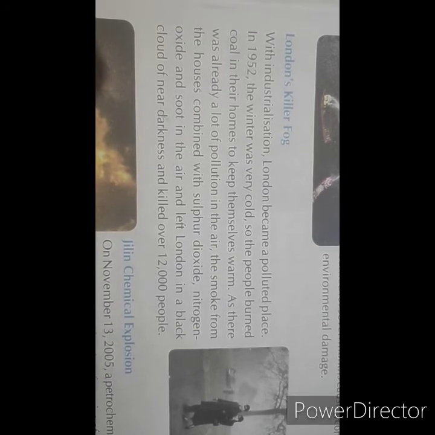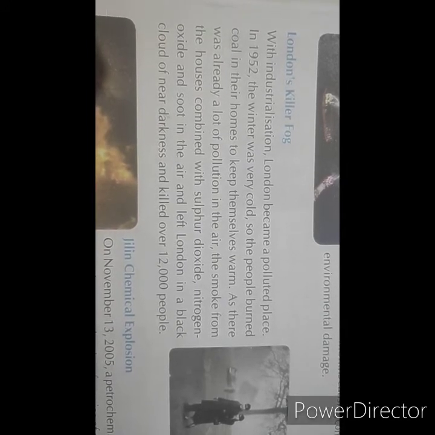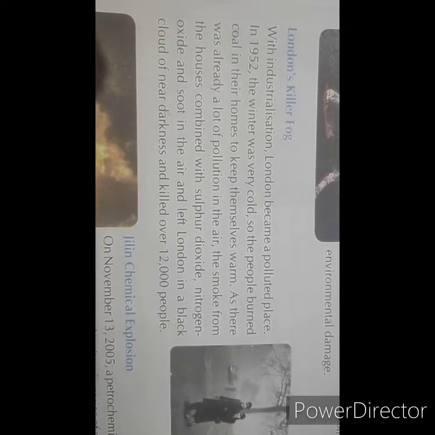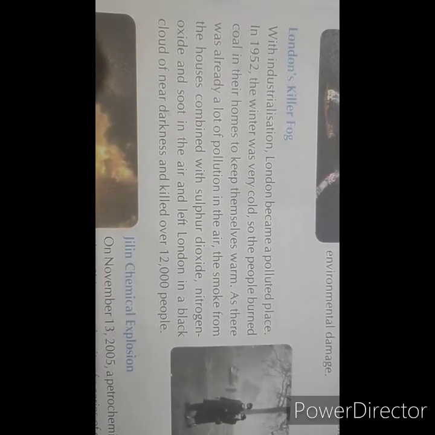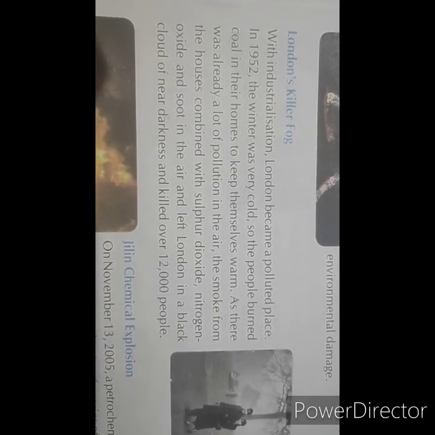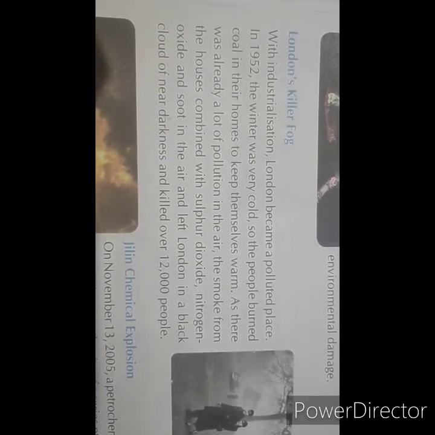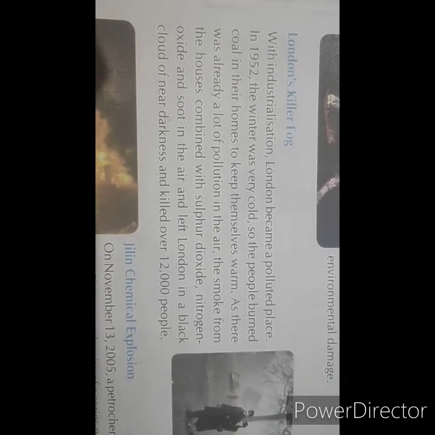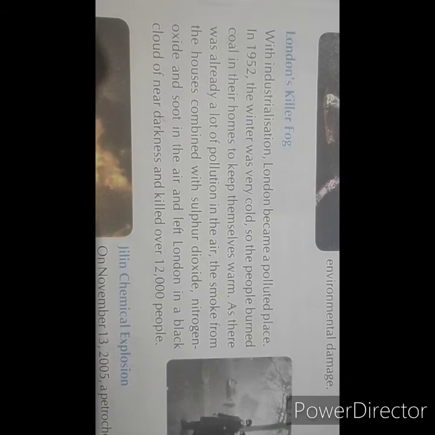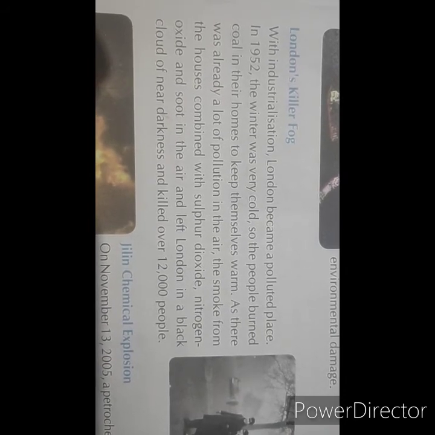As there was already a lot of pollution in the air, the smoke from the houses combined with sulfur dioxide, nitrogen oxide, and soot in the air and left London in a black cloud of near darkness and killed over 12,000 people. Next is Jilin chemical explosion.